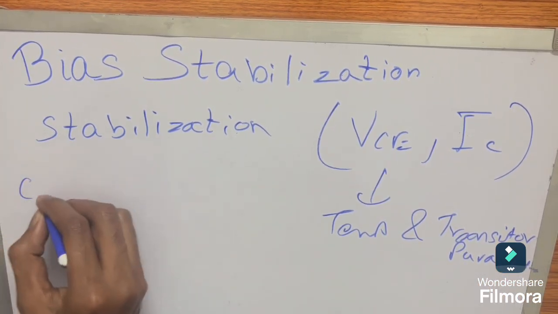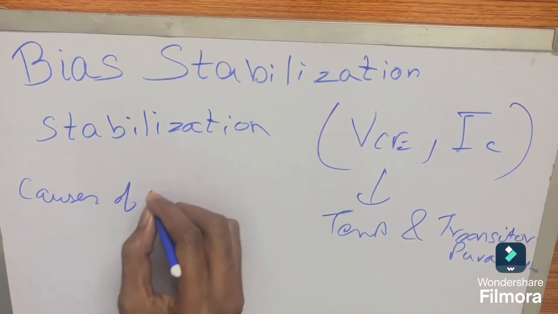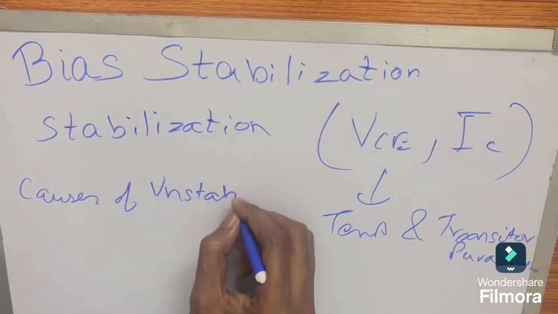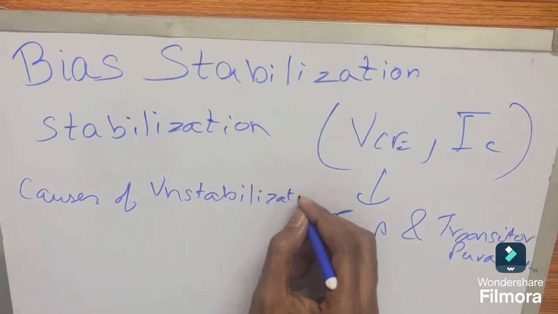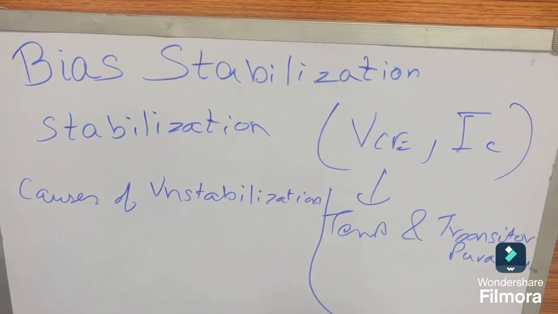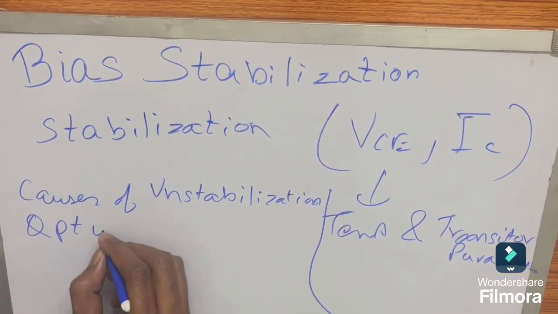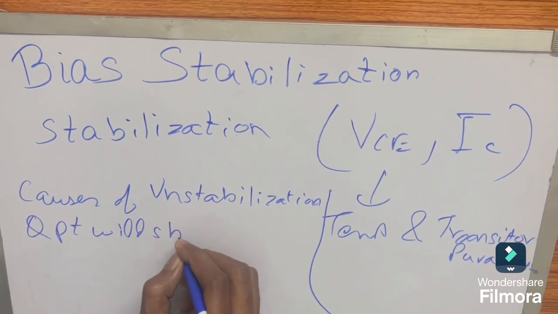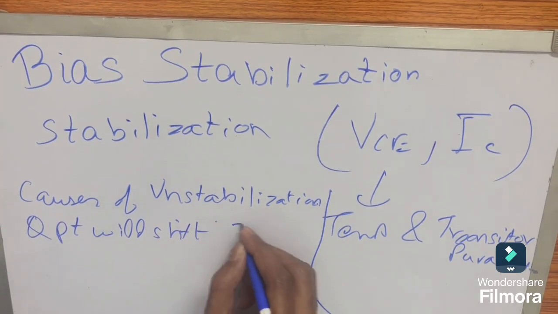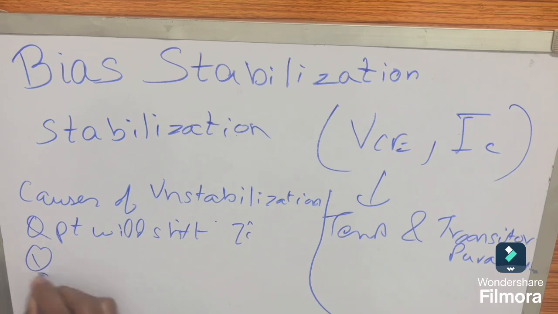So now coming to the causes of unstabilization. Basically the Q point will shift, which means that the IC will increase or decrease depending on two factors.